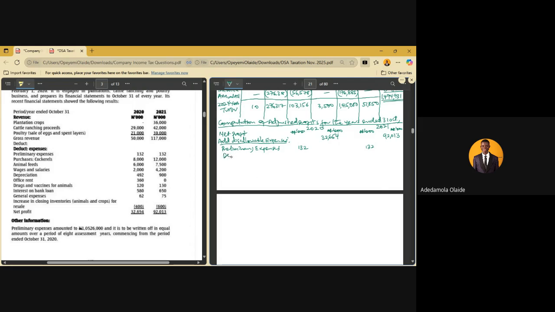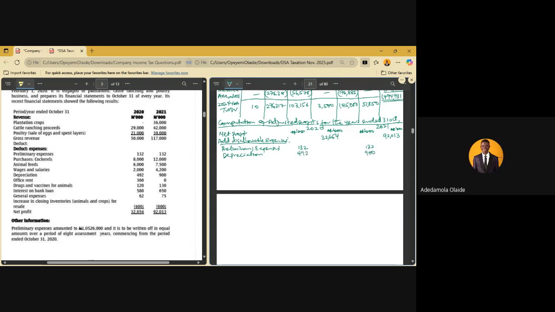Depreciation. Purchase of cockerels will be allowable. Animal feed will be allowable. Wages and salaries allowable, but depreciation will be disallowable, and that is 192,900.